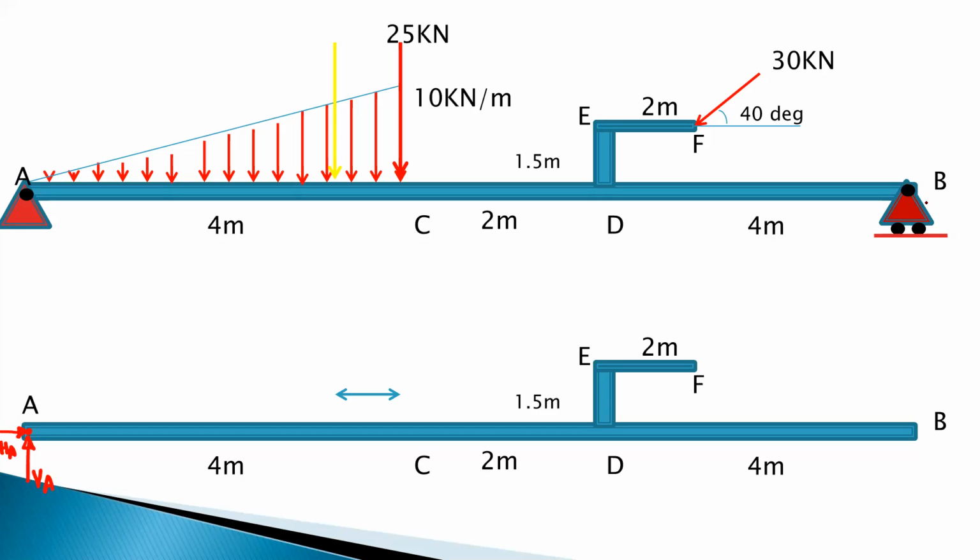Then at point B, there will be one reaction, which is perpendicular to this support or this surface. This reaction is RB. So show this reaction as it is at point B. Then show the forces 30 kilonewton and 25 kilonewton as they are at point C and at point F, because these are point loads.